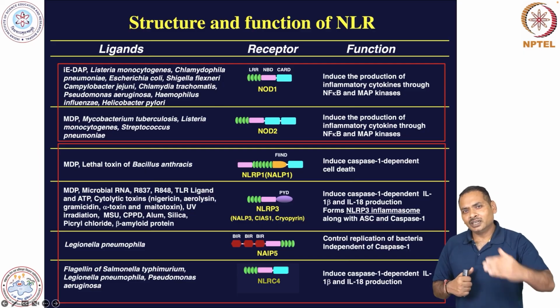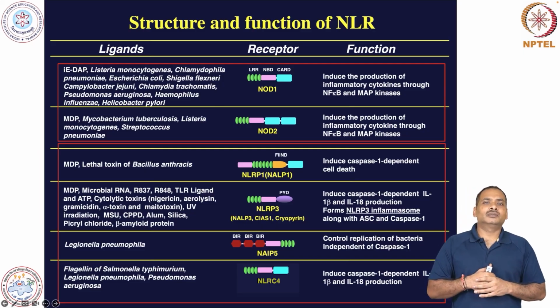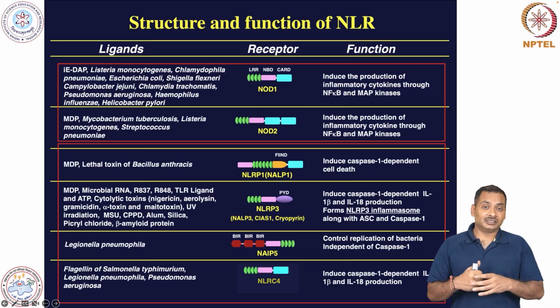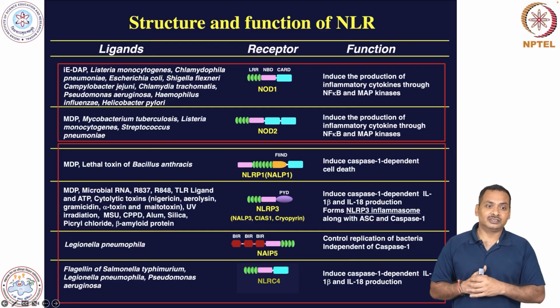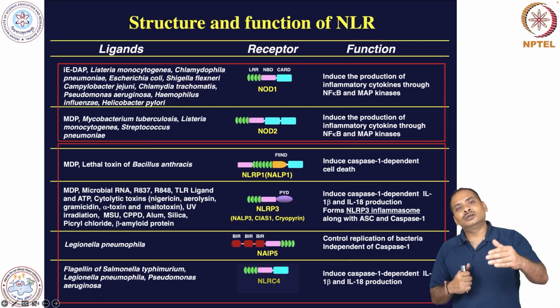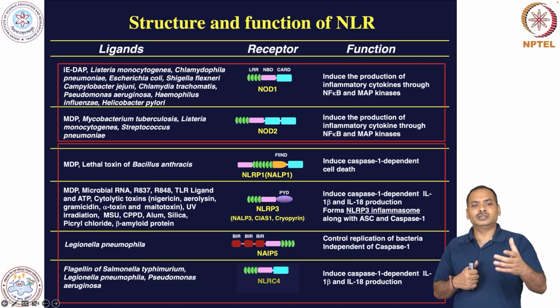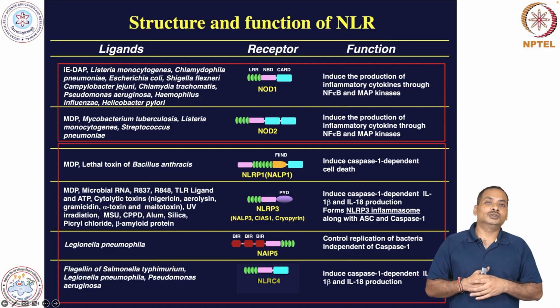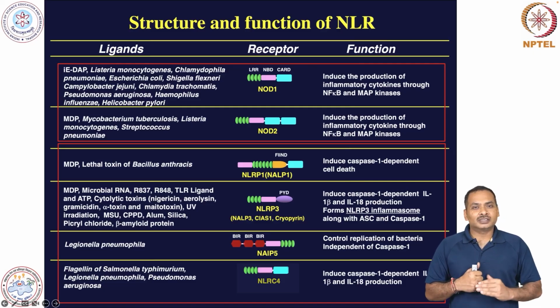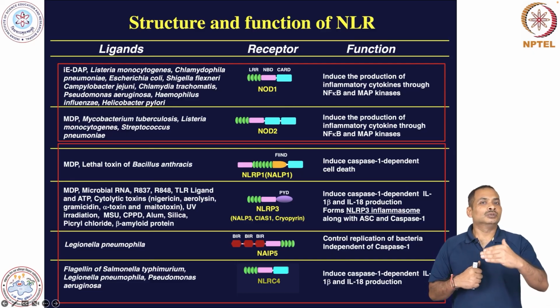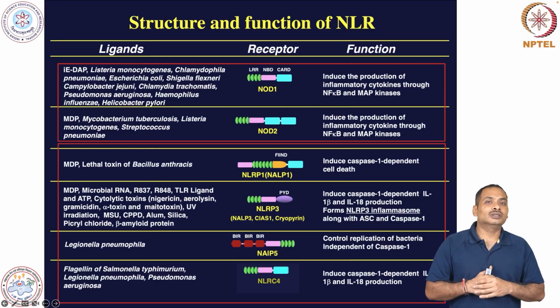Okay, these NLRPs can also get activated by some physical means. Here you can see ultraviolet radiation can activate this NLRP3, and it is also activated by some chemical compounds which are produced in our body. The best example is MSU, monosodium urate. This monosodium urate is increased in individuals who have a tendency to get gout, or joint pain.